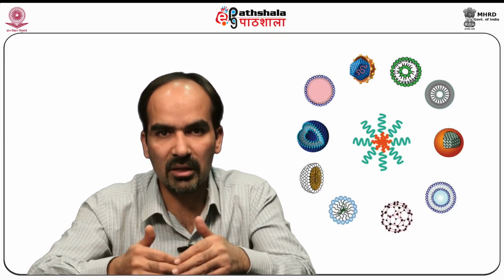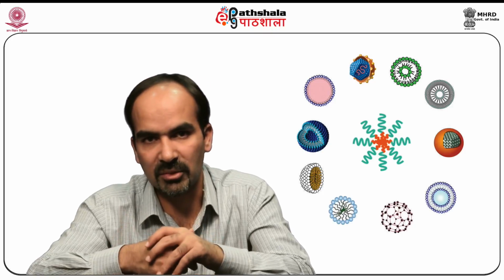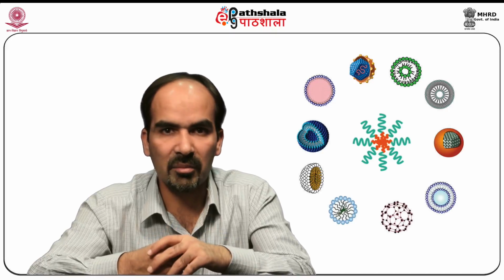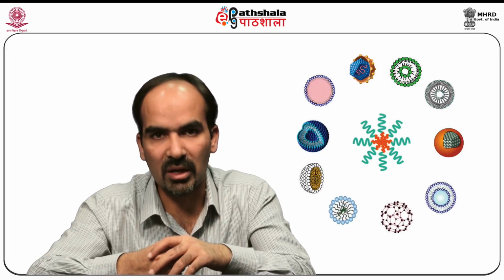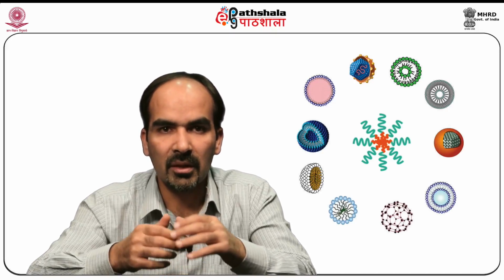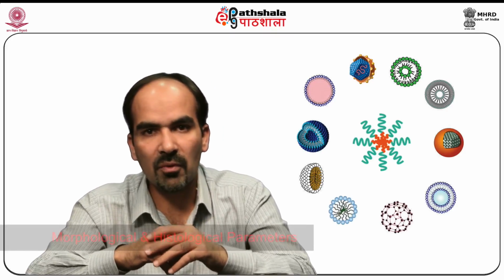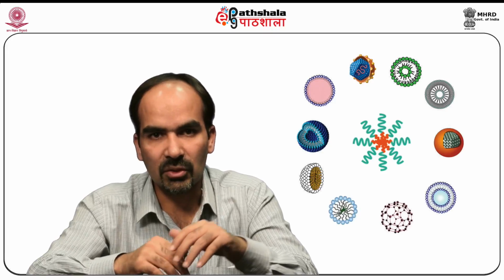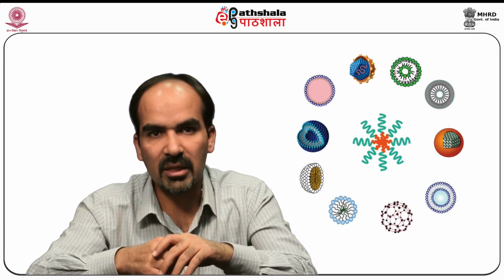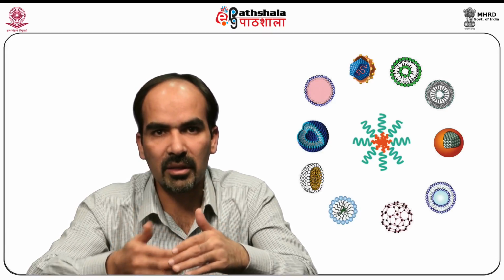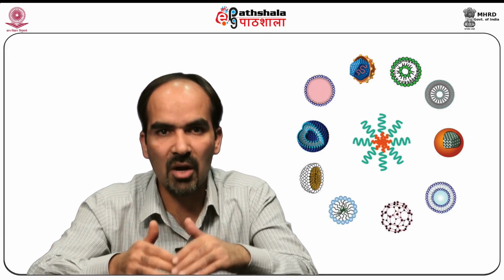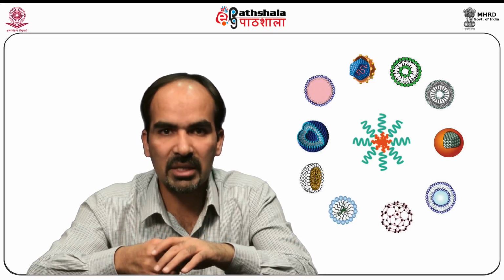So botanical terms, or zoological terms in case of animal products, make material authentication more reliable. Number two is morphological and histological parameters. After confirming the genuineness of the collected material, we now set it for some testing.